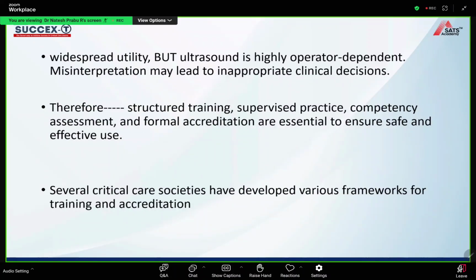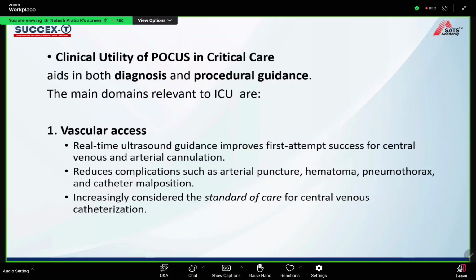Despite widespread utility, ultrasound is highly operator dependent, and misinterpretation can lead to inappropriate clinical decisions. Therefore, structured training, supervised practice, competency assessment, and formal accreditation are essential to ensure safe and effective use. Several critical care societies have developed various frameworks for training and accreditation.